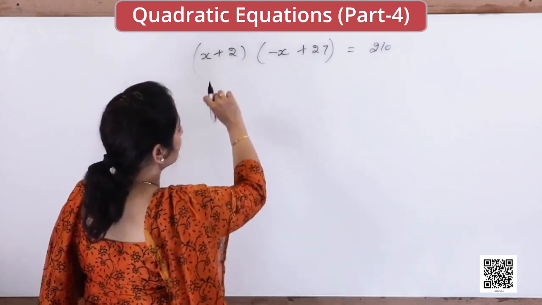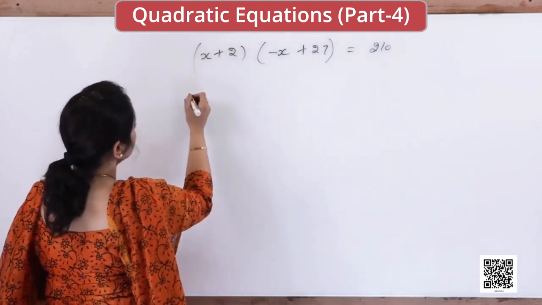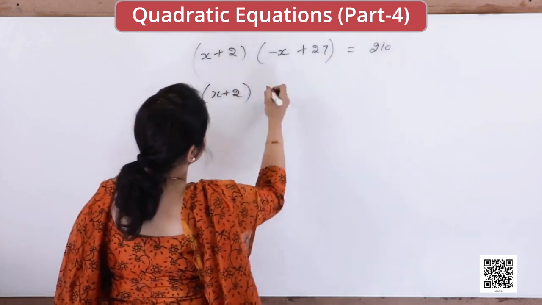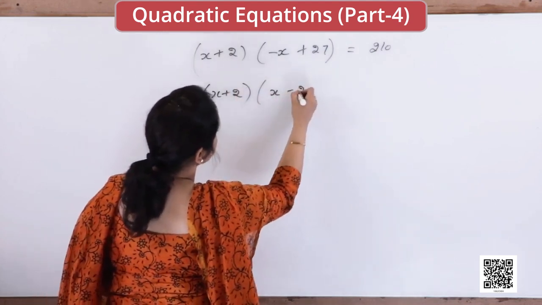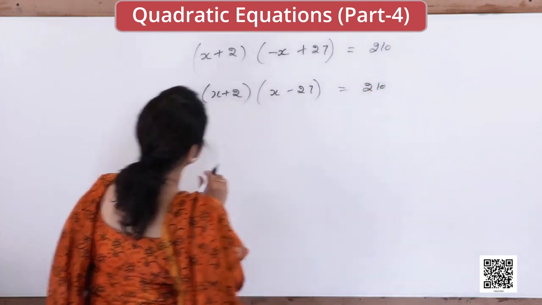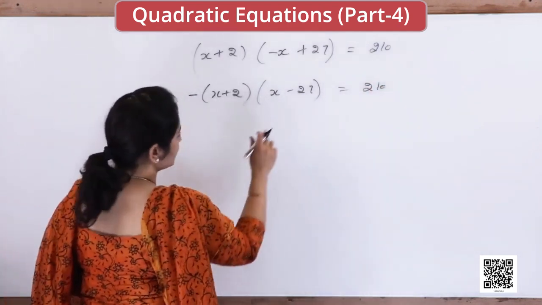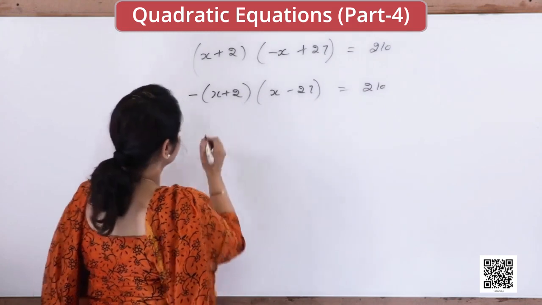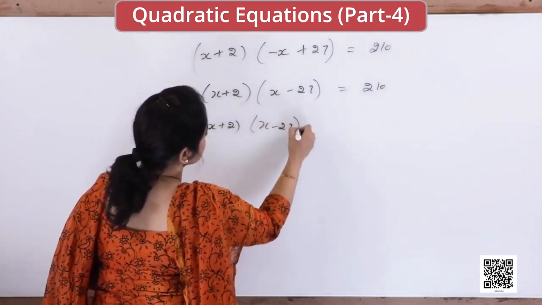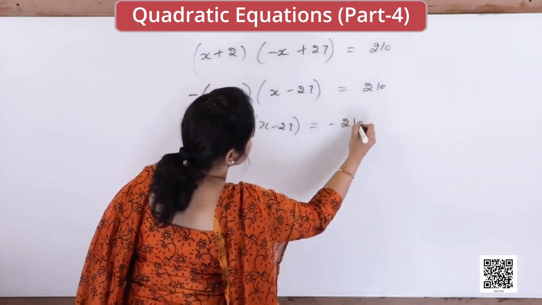We can take it out, we can take the common. How? We will write minus here, x plus 2. Taking minus out, in the bracket we will have x minus 27. Now it looks better and it looks easy. So this minus can go that side and it will make 210 negative. So we will have x plus 2 and x minus 27 equals minus 210.